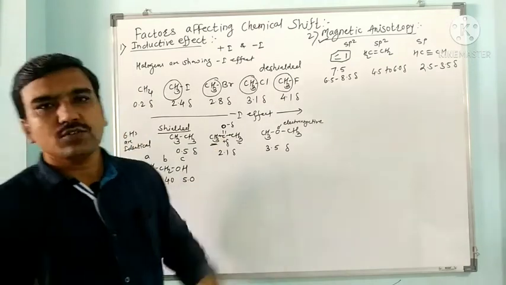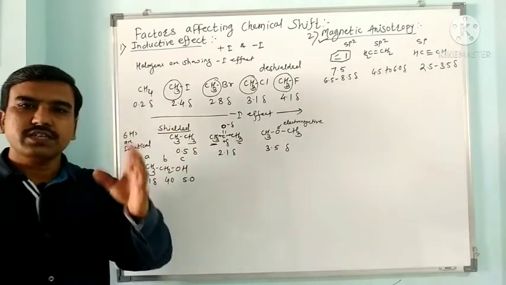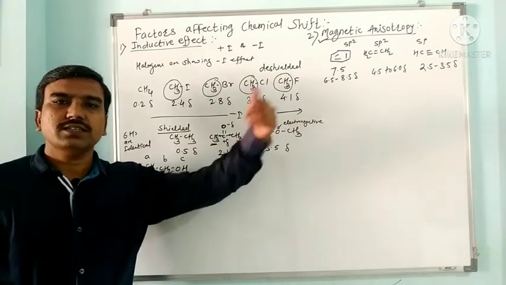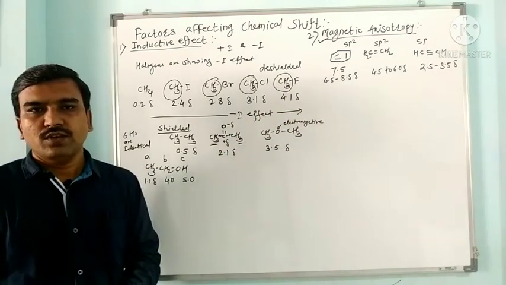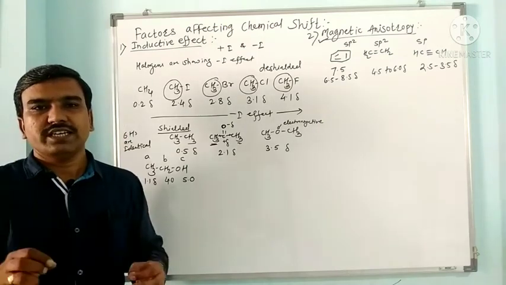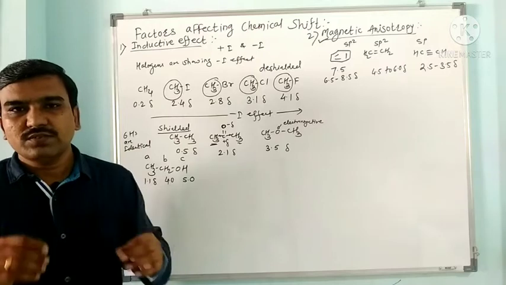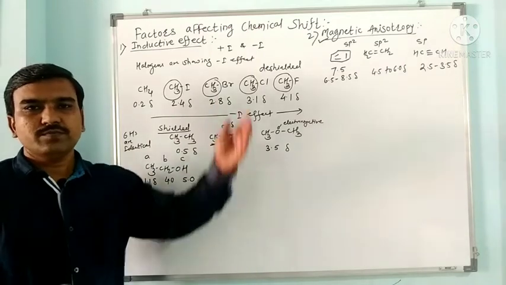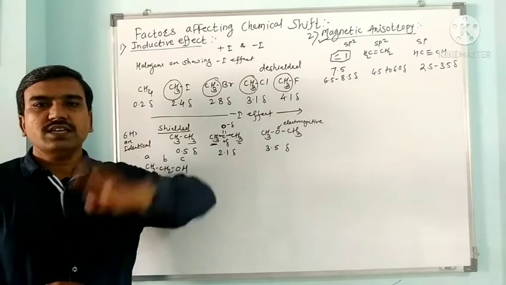So magnetic anisotropy is the effect of current produced by the circulation of pi electrons in other parts of a molecule on the shielding and de-shielding of protons. Now we have to see magnetic anisotropy in aromatic compounds such as benzene, alkenes and acetylene.